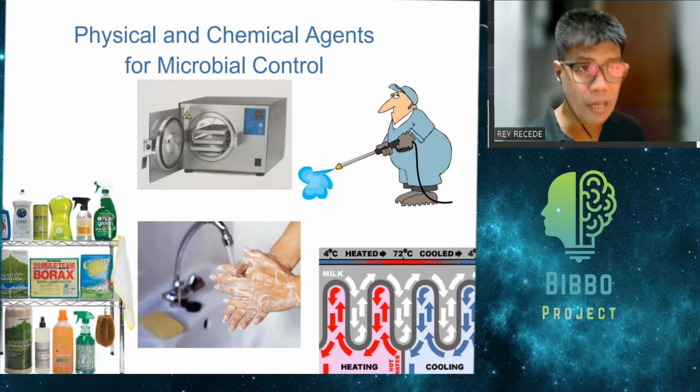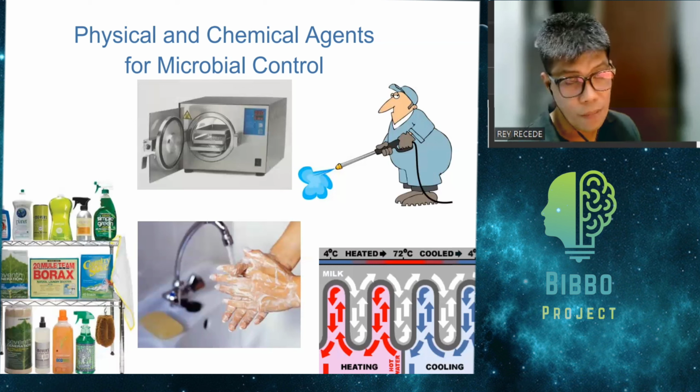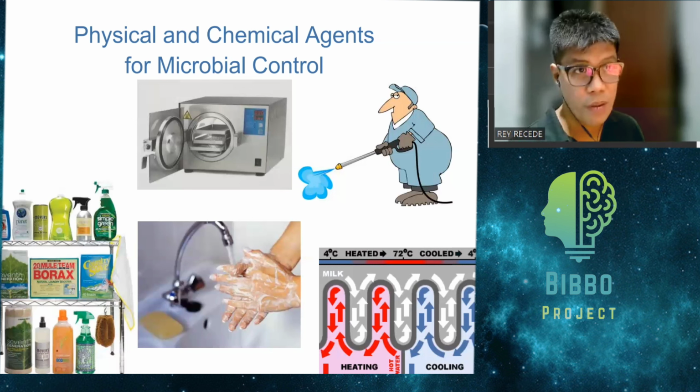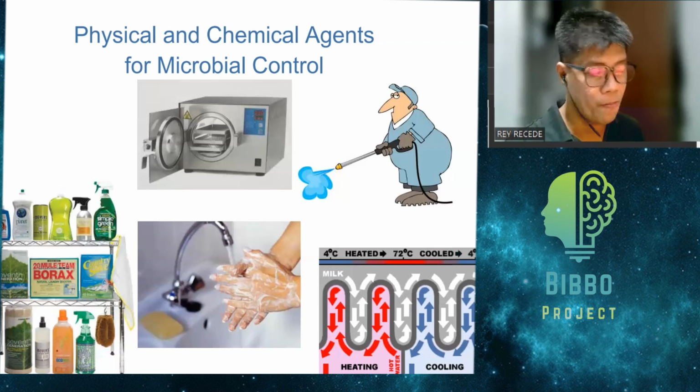Pretty much like what happened to the pandemic that we are experiencing right now. So listen to my lecture so that you will understand more about the physical and chemical agents that can help or prevent microbial control.